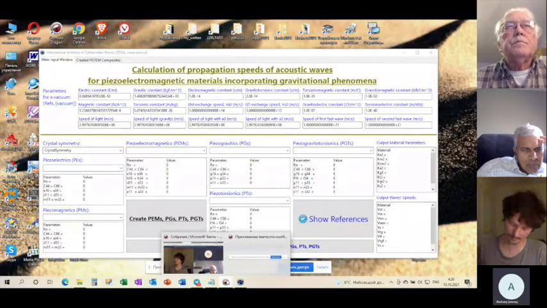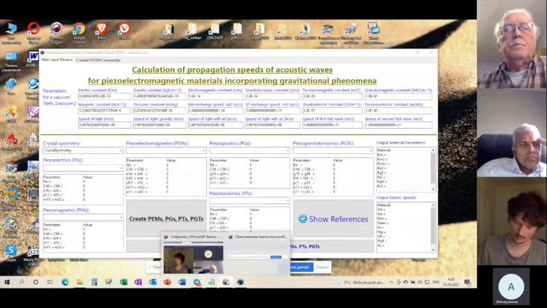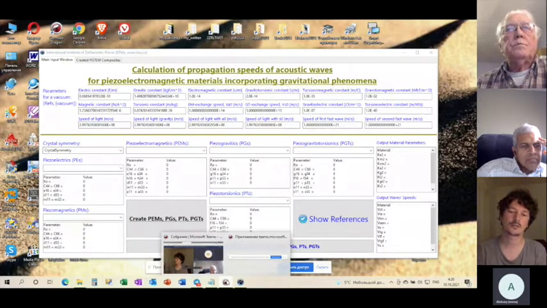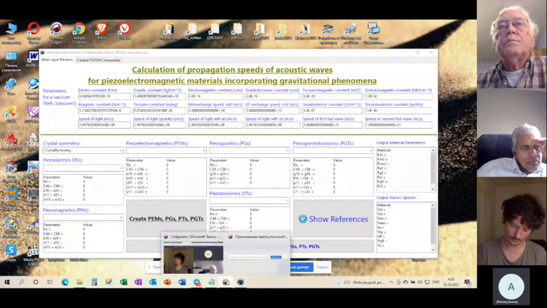Because you see that 13 orders faster is already enough to communicate in an instant way, not only between planets, but also between star systems in the same galaxy, or even between neighbor galaxies, or even galaxies distant very far from each other, because this speed, 10 to the power 21 meters per second, is already enough for a signal to propagate within the whole universe.